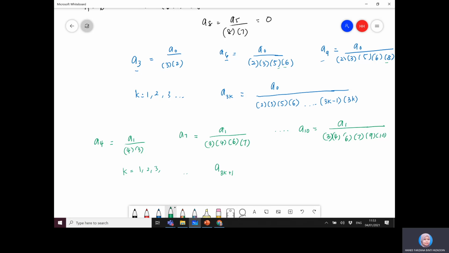Okay, so this is a sub 3k plus 1 equals a1 over 3, then 4, then 6, then 7, and so on until it's 3k and 3k plus 1. Yeah, so that is the second pattern that we can spot.